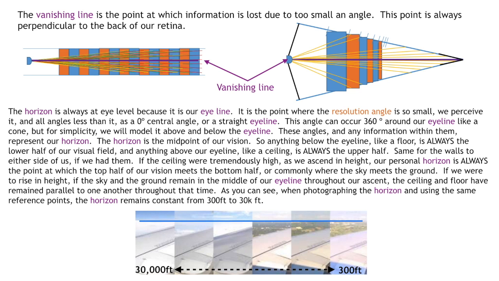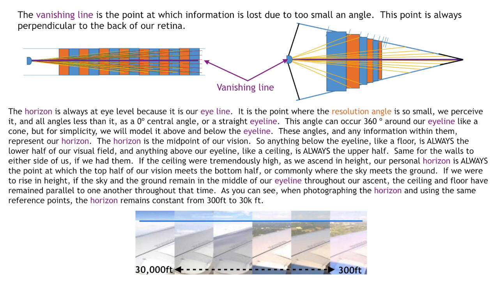So these angles and any information within them represents our horizon. The horizon is the midpoint of our vision, so anything below the eye line, like a floor, is always the lower half of our visual field, and anything above our eye line, like a ceiling, is always the upper half. Same for the walls to either side of us. They're always the left or right fields.